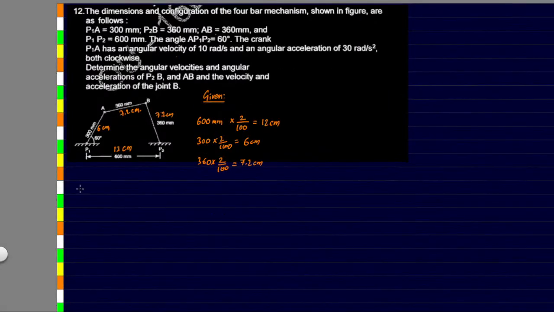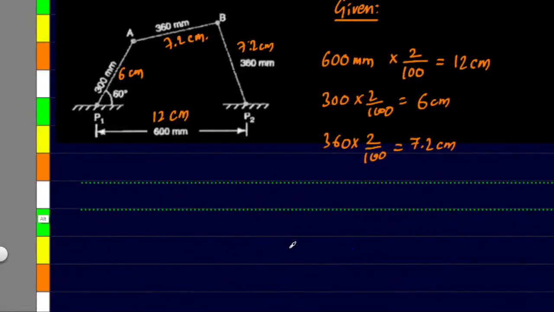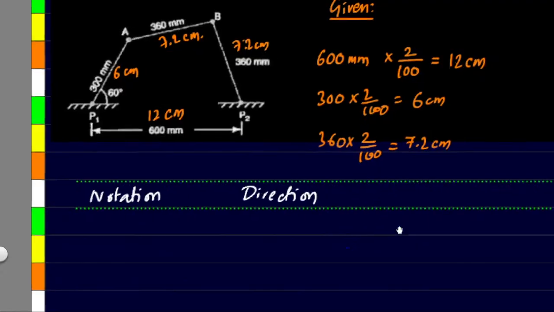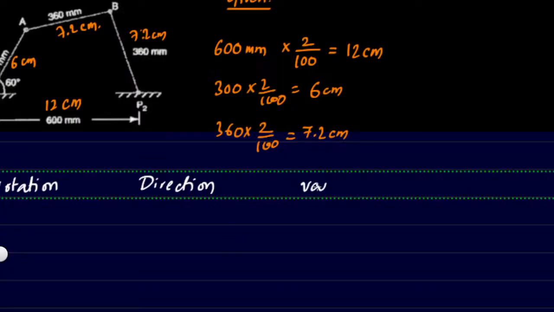So let's quickly get our table. We will first take notation, then direction, then value.